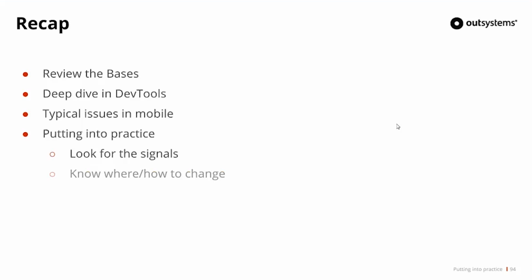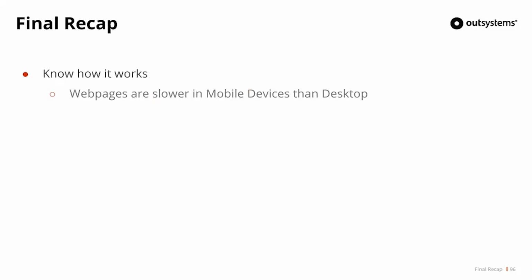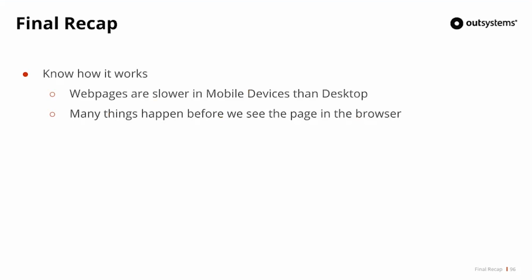So don't forget, look for the signals, know how to change, and how to debug remotely. So the final recap. Know how it works. Web pages are slower on mobile devices than on desktop. Many things happen before we see the page in our browser.